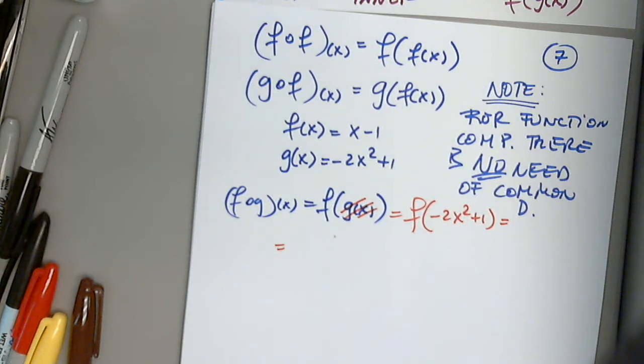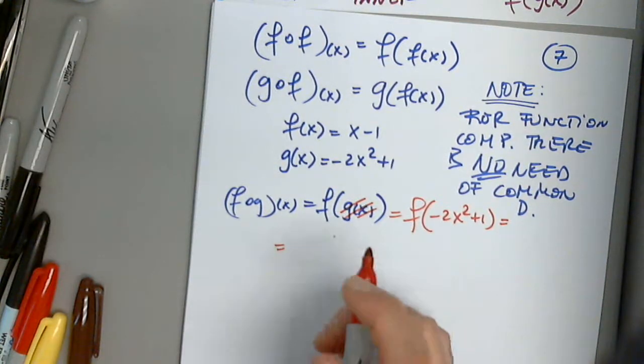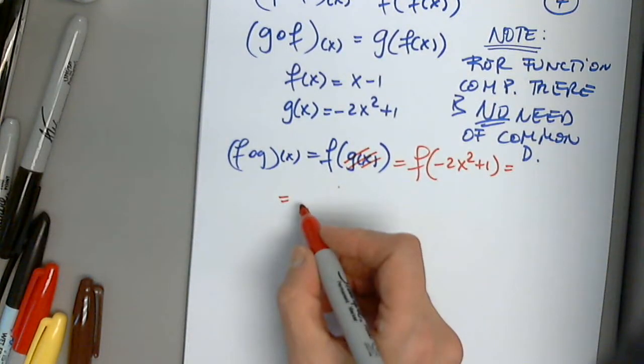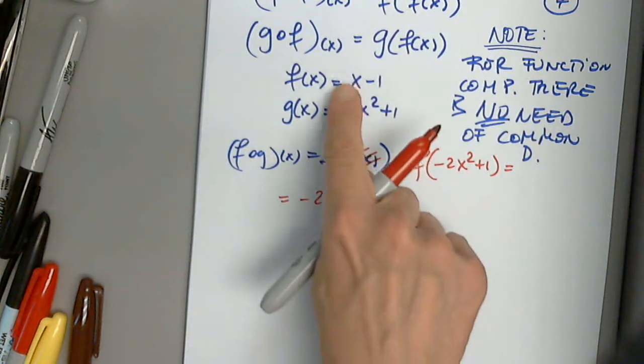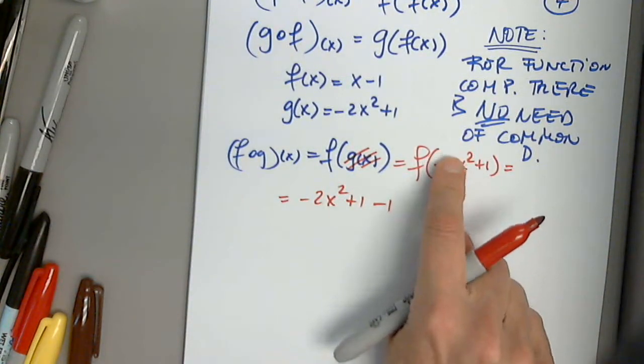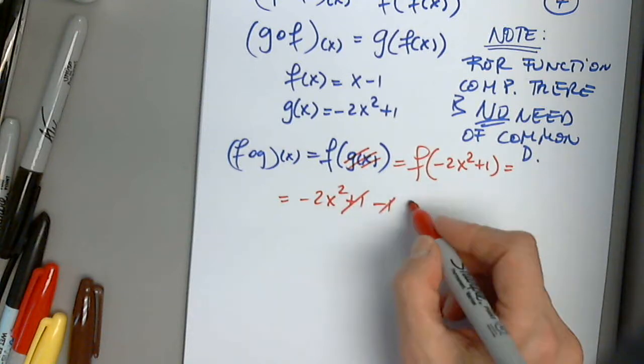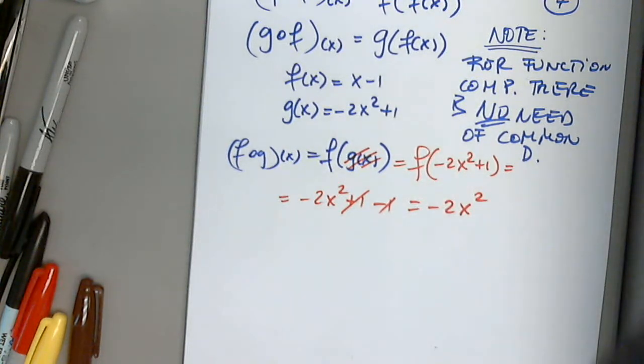F says f of whatever is whatever minus 1. Can anyone dictate? What do I have to write? Negative 2x squared plus 1 minus 1. Whatever minus 1. These two go away, so this is negative 2x squared.